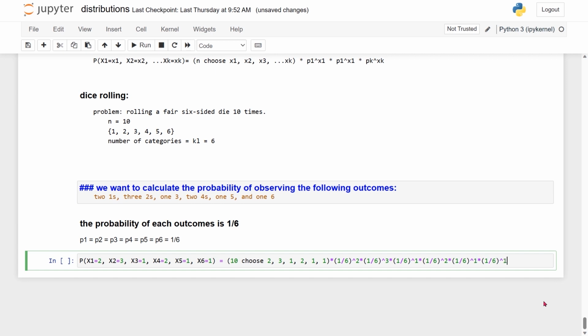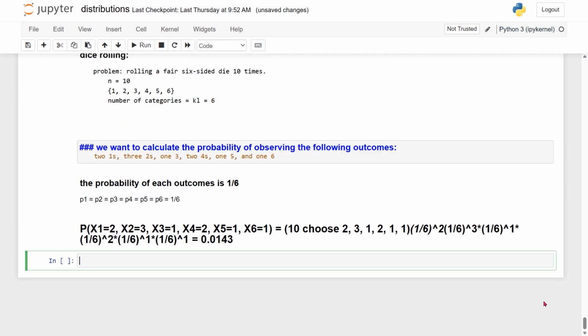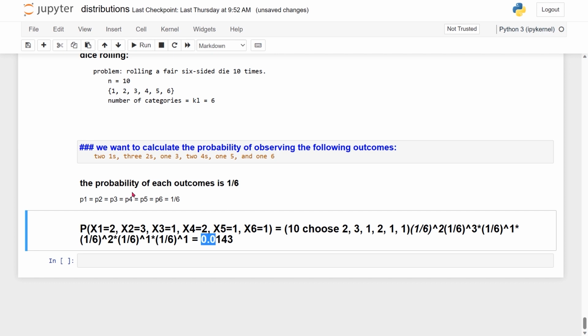That's it. The value that we get after the calculation is 0.0143. This is the probability that we got for this respective combination.